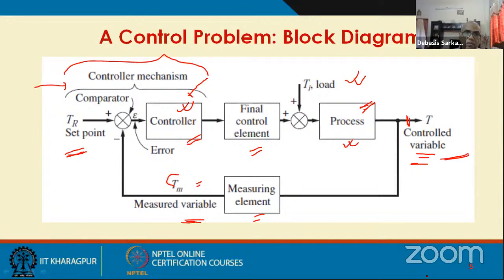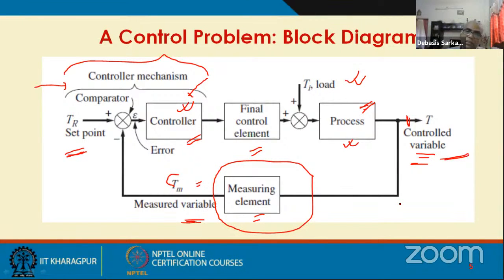So this explains the way a feedback control system will work. Now, in this particular course, we are talking about mainly this part of the control system, which is the measuring element.